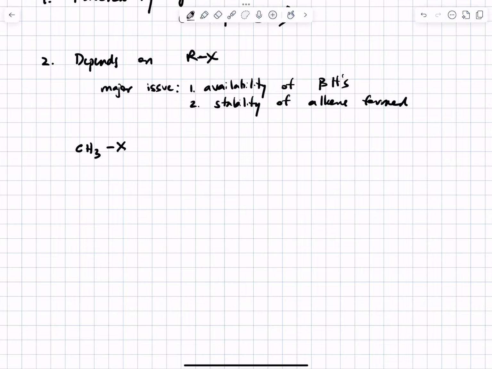A methyl molecule with a leaving group, can it do E2? What does that molecule lack that E2 requires?